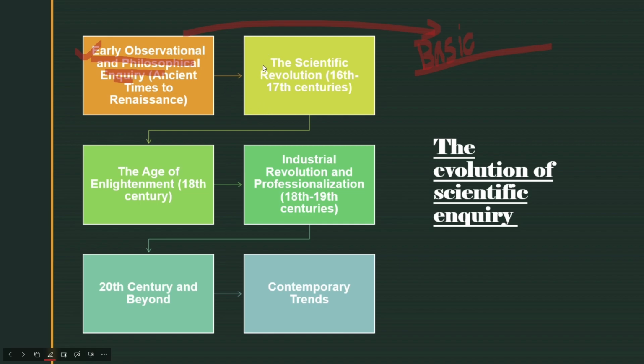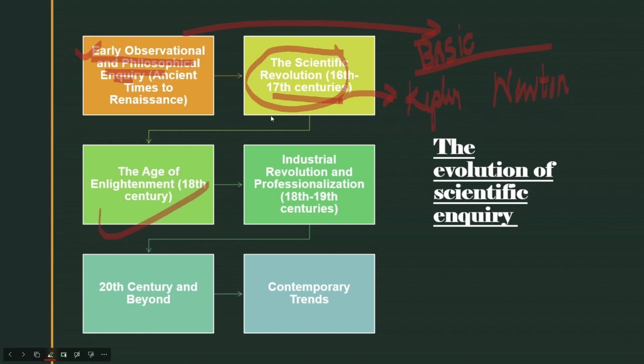Scientific methods were introduced: hypothesis formulation, experimentation, observation, theory refinement, and the embracing of scientific societies and academies, promoting collaboration and sharing of findings. These were all put forward in that scientific revolution era.